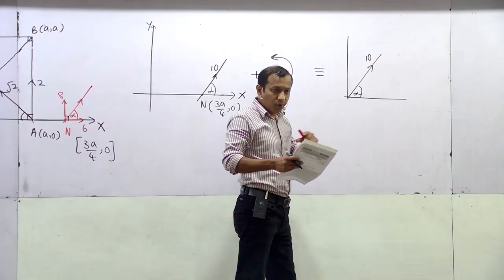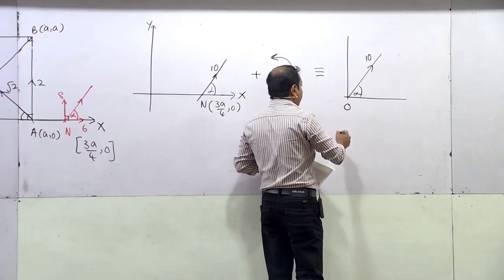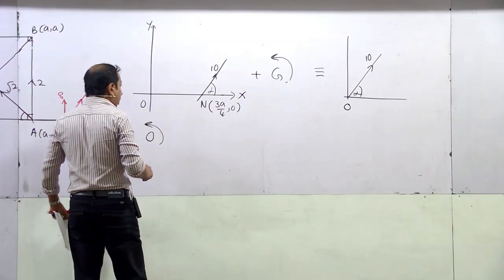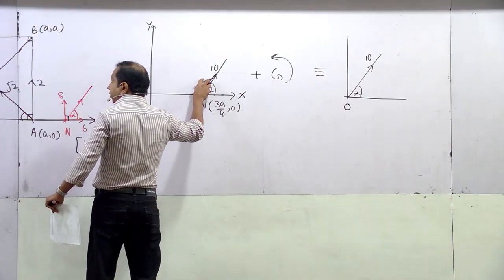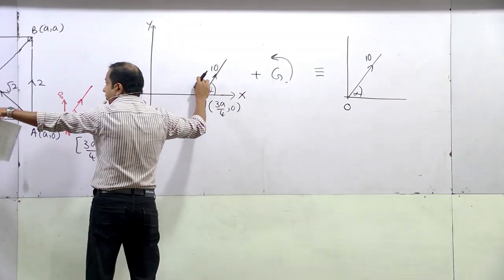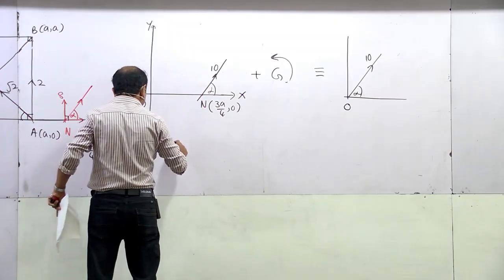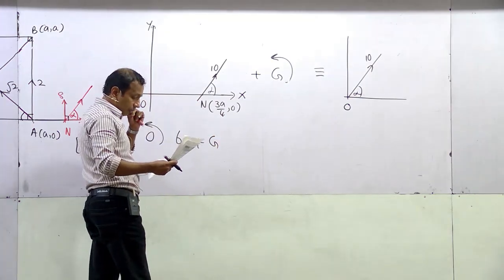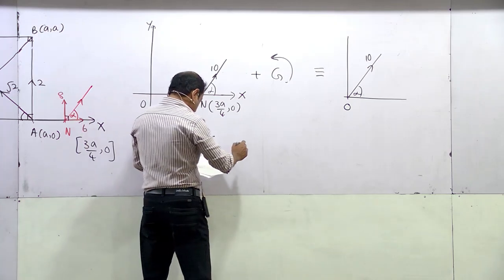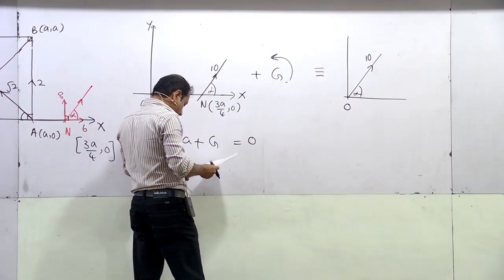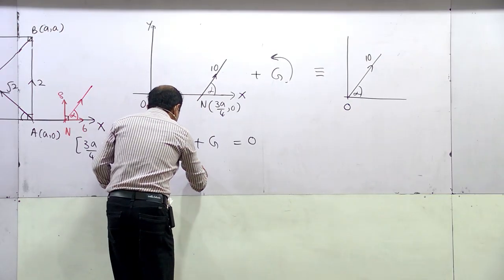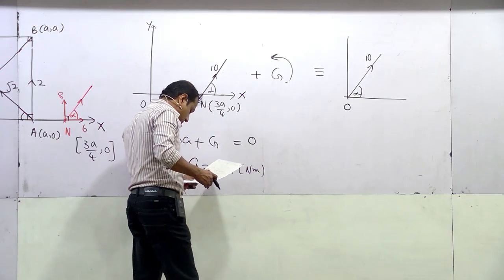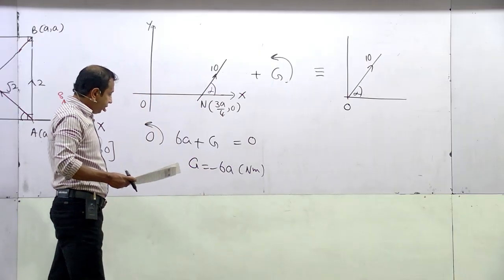Then we can take moment around O for both. Right. Then we get what? We take moment around this anticlockwise. We know the moment we got anticlockwise of the system, this we found to be 6A. Now another G comes in anticlockwise. It should now be 0. Then we get G minus 6A, Newton meters. G is negative.